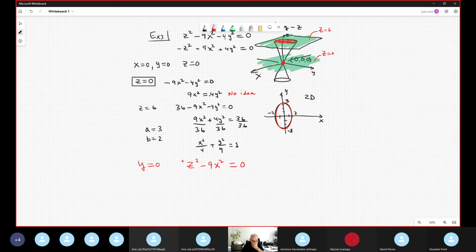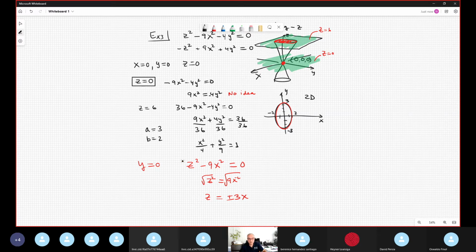This is weird. First, you try to do your best. This is z squared equals 9x squared. If you apply the square root to both sides, you have z equals plus or minus 3x. And what is that?